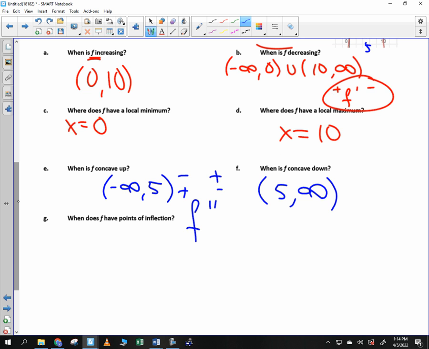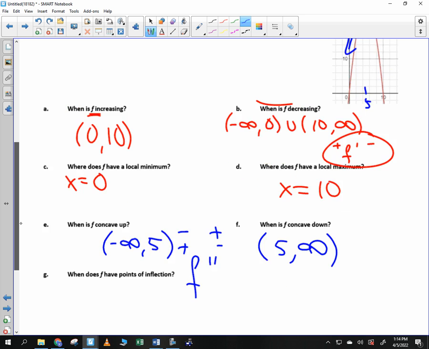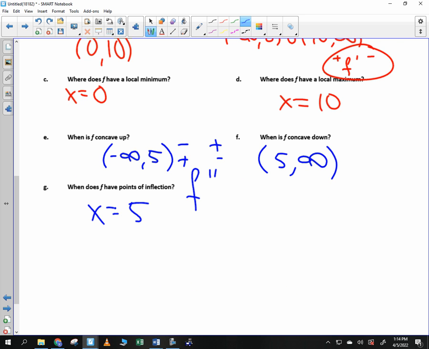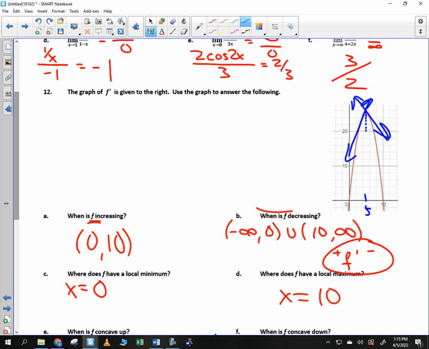So in Morgan's question regarding how do we know 5, that's when it changes from positive to negative. So x equals 5 is our point of inflection. Excellent. Because you don't know the value, this is not the original graph.